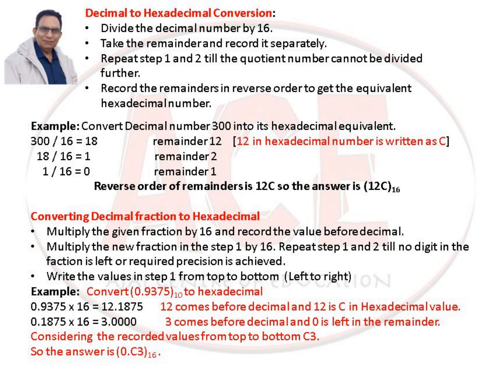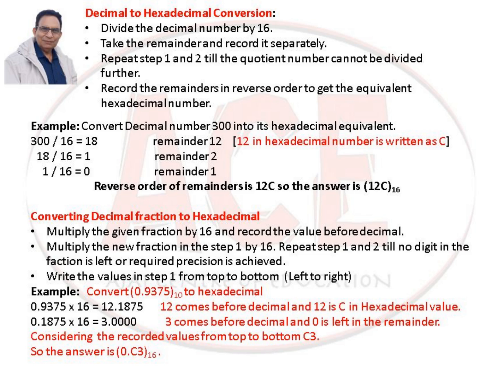Example, convert 0.9375 base 10 into hexadecimal. So we multiply 0.9375 by 16, we get 15.0000. Wait, as stated: 12.1875. So 12 is coming before the decimal and it is recorded separately. Beside that, 12 in hexadecimal numbers is equal to C. The balance or the remainder part of it is 0.1875.